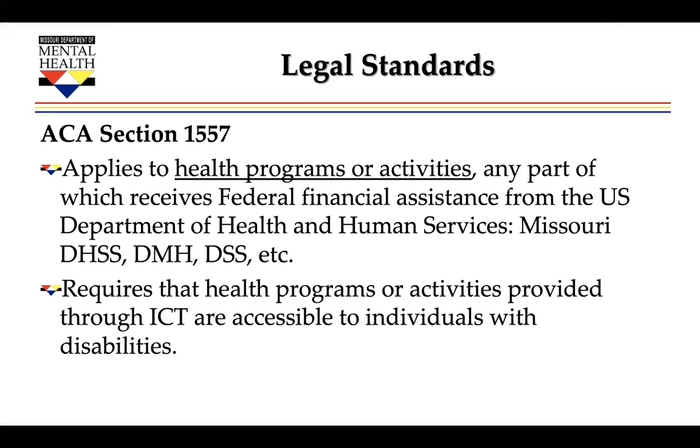This also applies to most private healthcare entities if they accept Medicare or Medicaid payments or any other source of federal financial assistance. This requires that health programs or activities provided through ICT are accessible to individuals with disabilities.